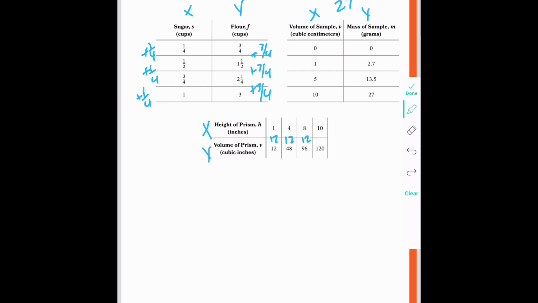And 120 divided by 10 is 12. So that means the constant in this table is 12. Okay, meaning also that if I took this number and multiplied it by each of the X numbers, I should get the Y values that correspond with it. So this table is also showing a proportionate relationship.